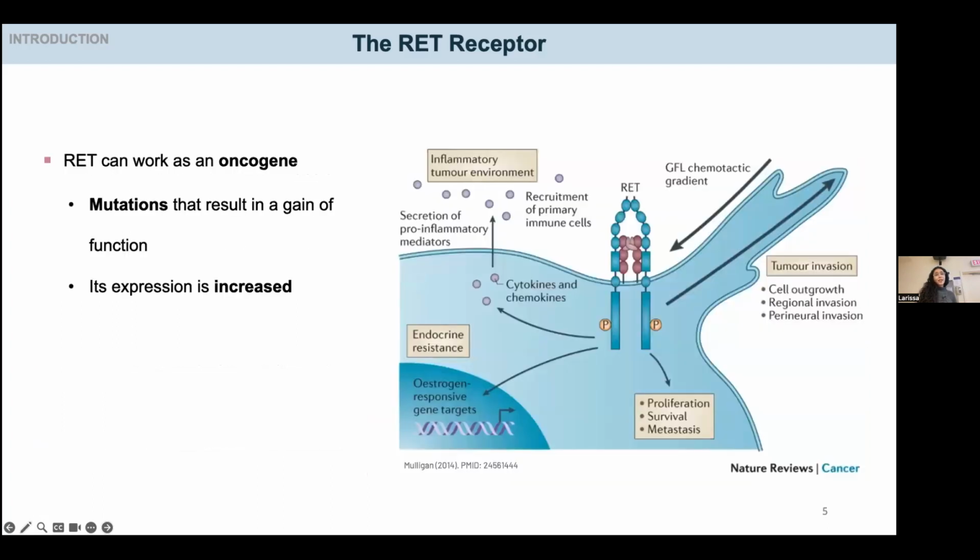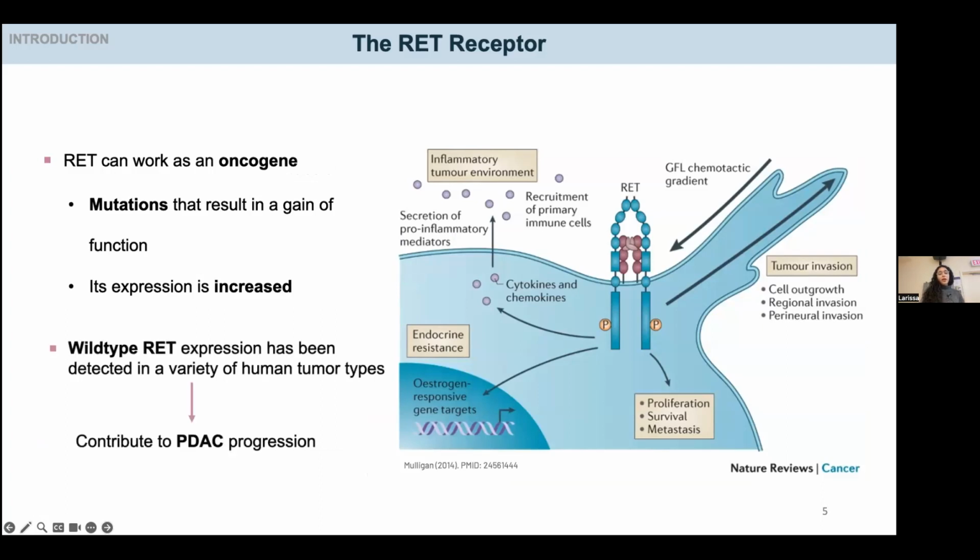So as we can imagine, alterations in RET function can lead to its oncogenic behavior. This disruption can occur through either gain of function mutations or fusions, which result in the constant activation of the RET receptor, or an increase in the expression of the wild type receptor.